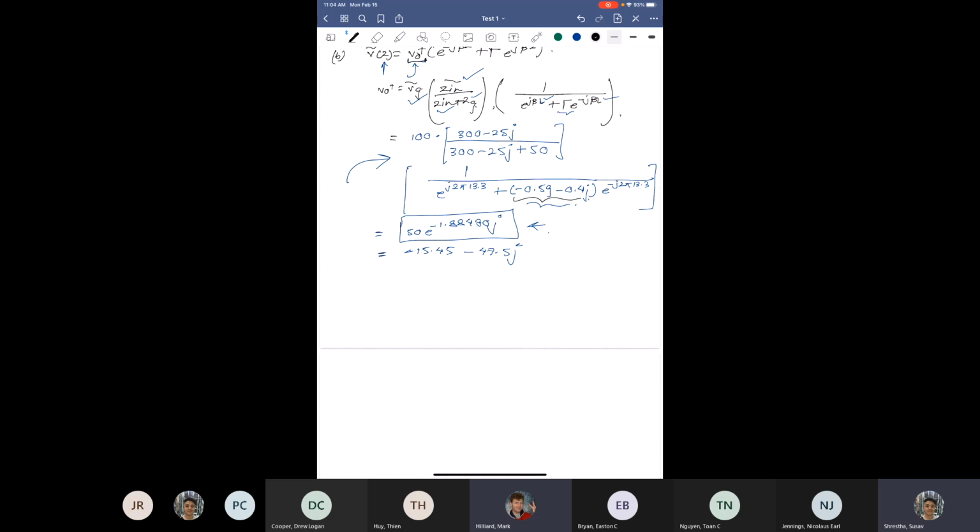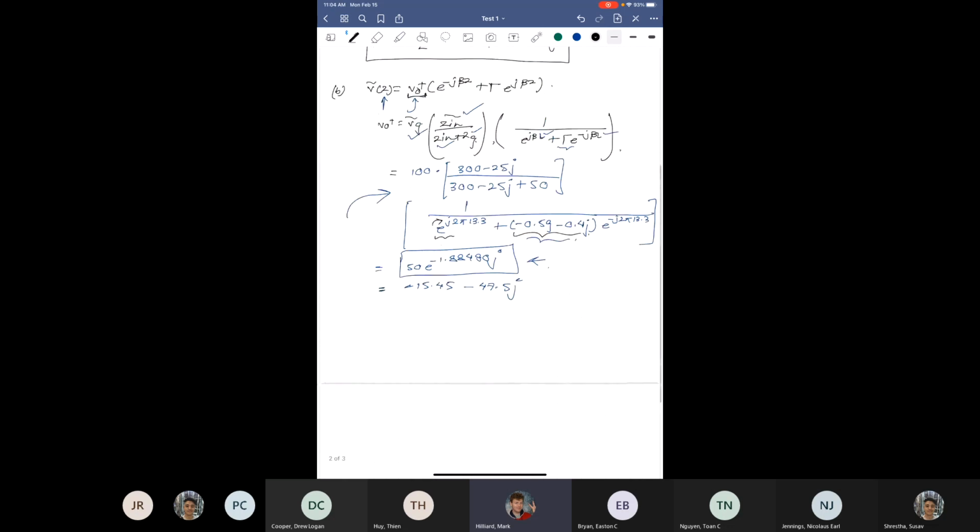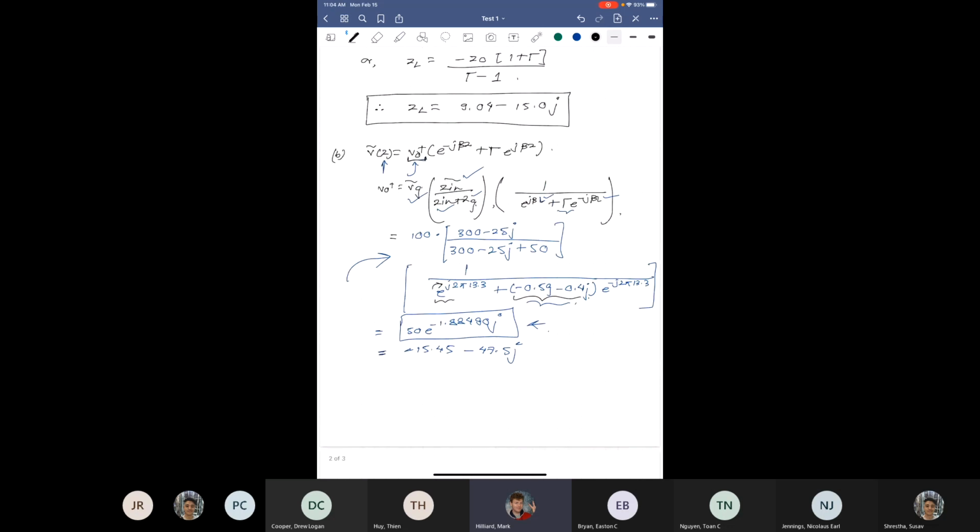You have to make sure your calculator is in radians so that it can calculate this value correctly. Okay, yeah, I do have the 50 e to the power negative 1.885j, which is rectangular negative 15.46 minus 47.549j. I think I just needed to rewrite it from fresh. There was something wrong with it that I didn't notice. All right, that's good.